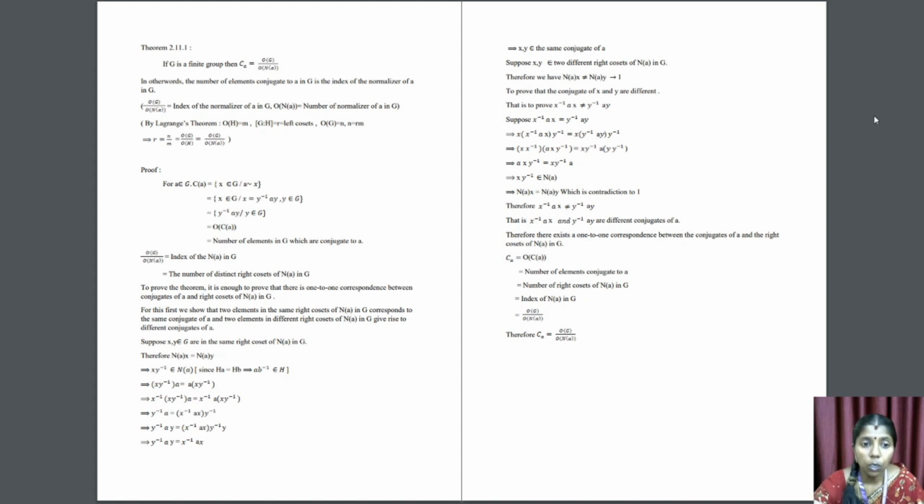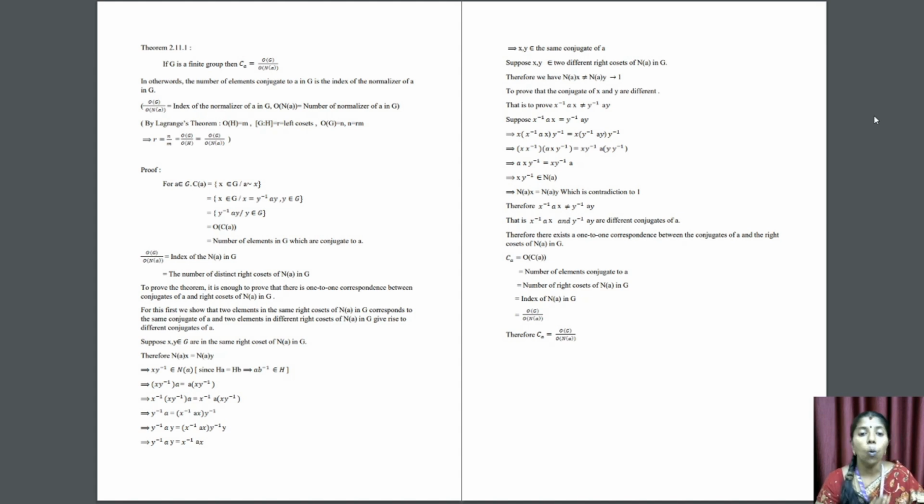To prove the theorem, it is enough to prove that there is a one-to-one correspondence between conjugates of a and right cosets of N(a) in G. That means whichever condition is satisfied by the conjugates is satisfied by the right cosets, and vice versa.